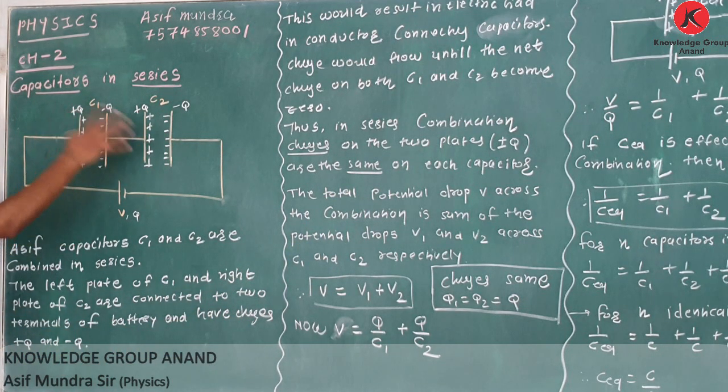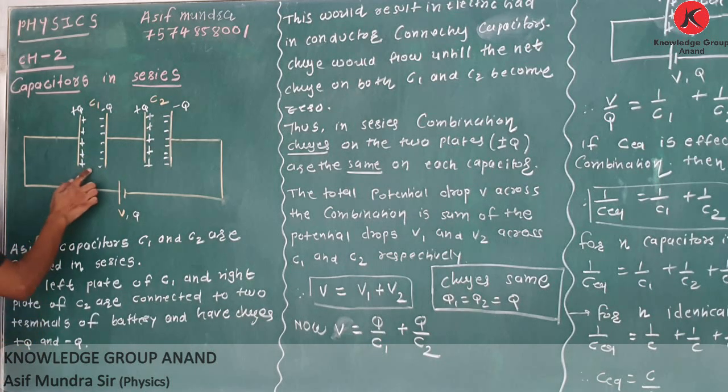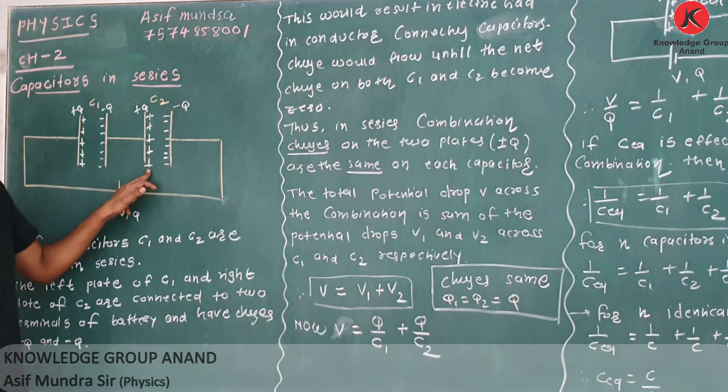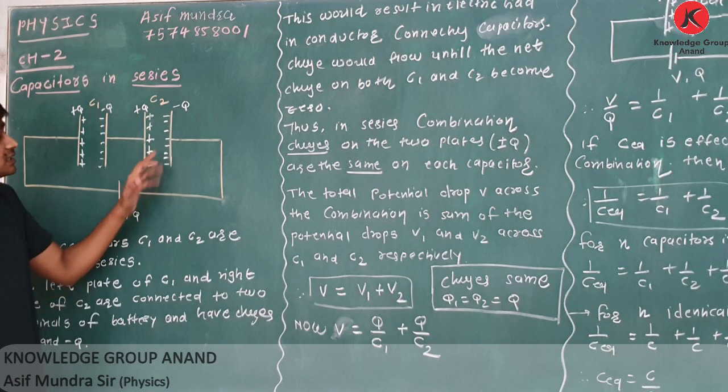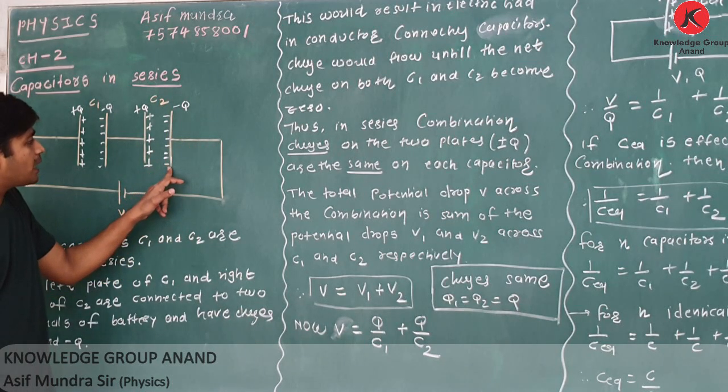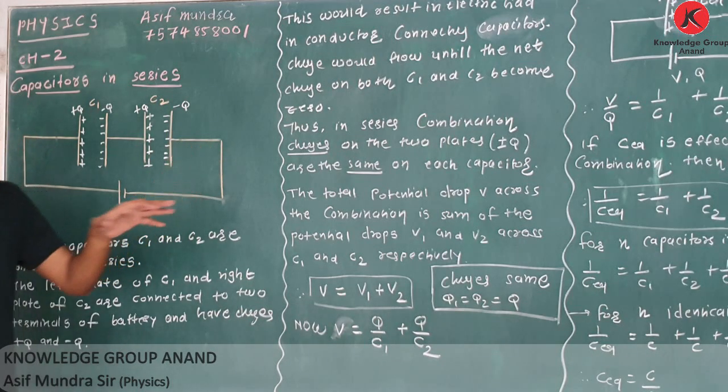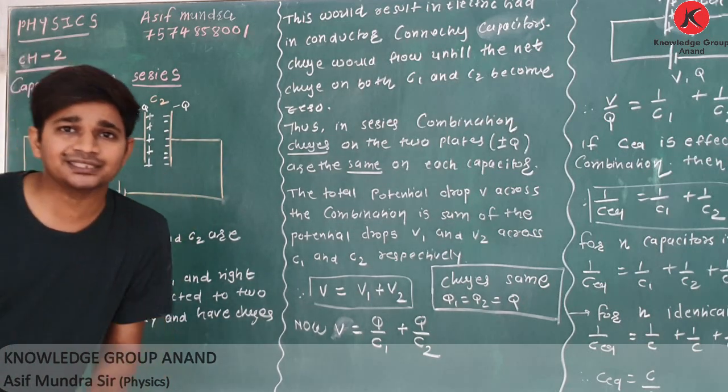How to remember the series connection? See, these two capacitors are connected end to end. The negative plate of the first capacitor is connected with the positive plate of the next. If we have another capacitor, then the negative plate of the second capacitor is connected with the positive plate of the third capacitor.